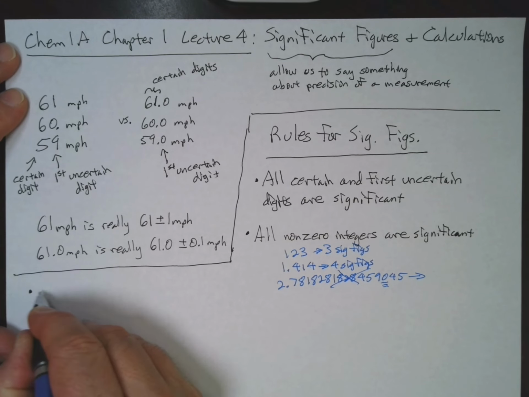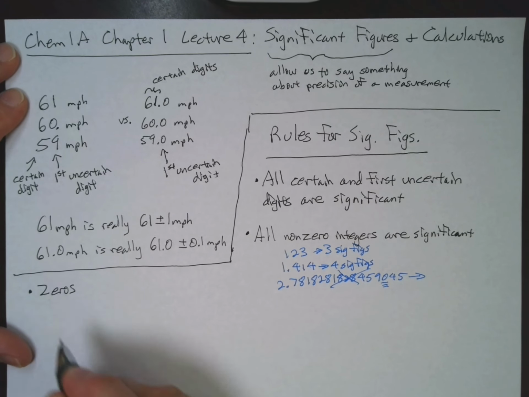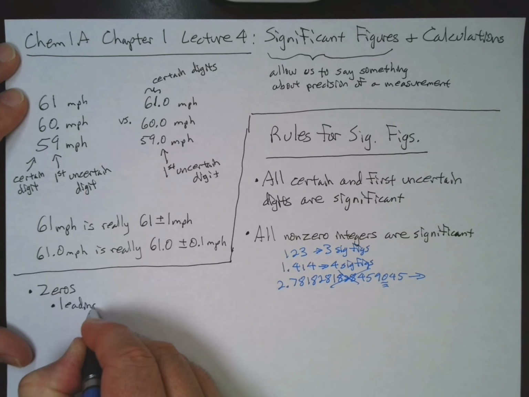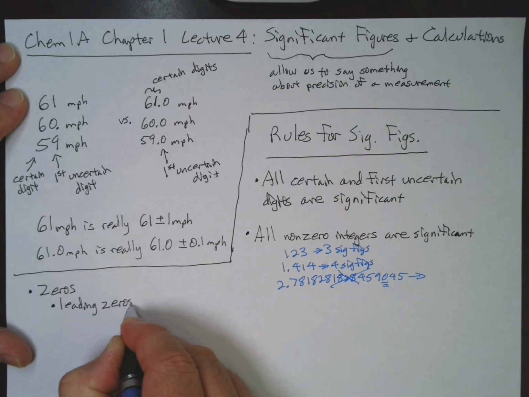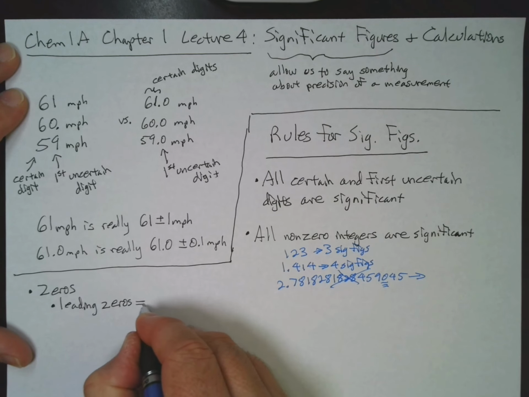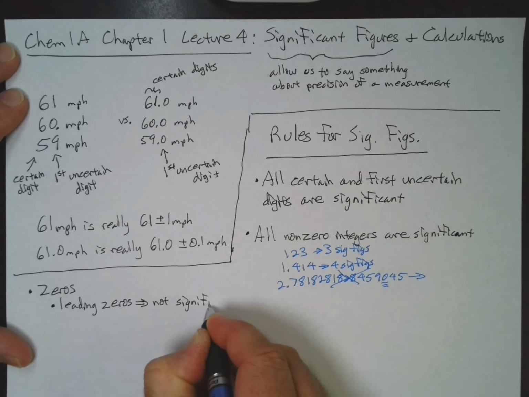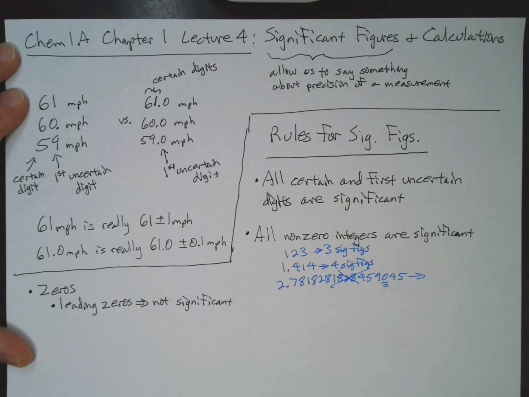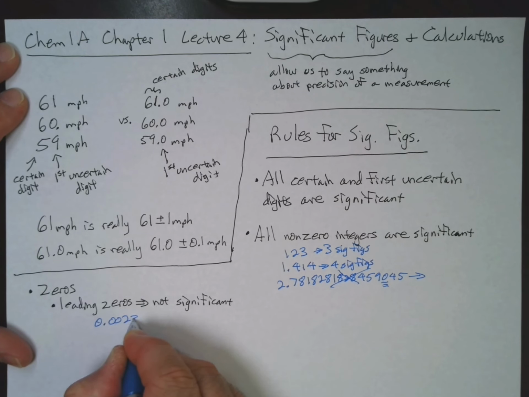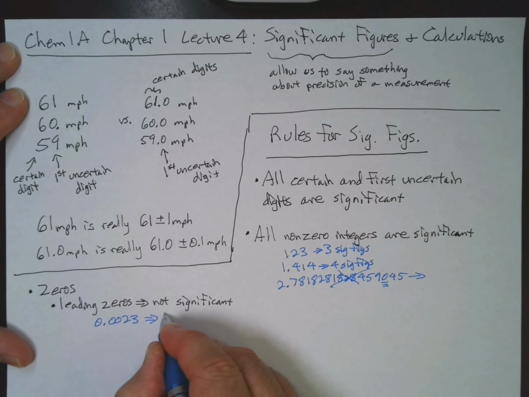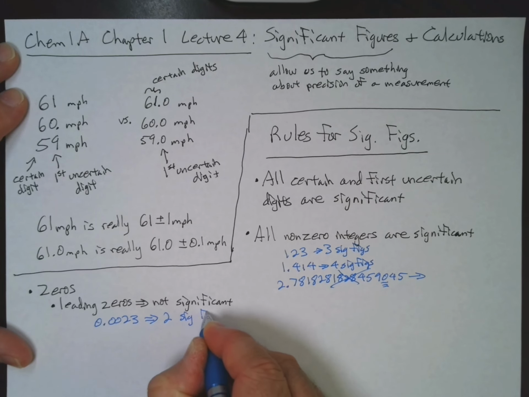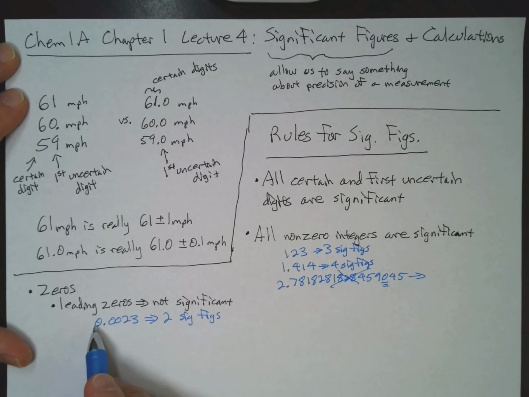Zeros are a little different. If we have leading zeros, those are not significant. So for example, if I had 0.0023, that would be 2 sig figs, because all of these zeros don't count.